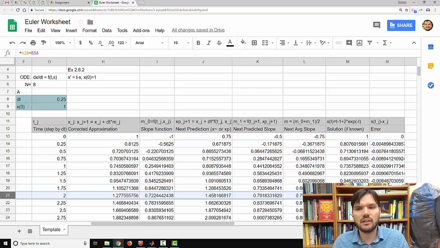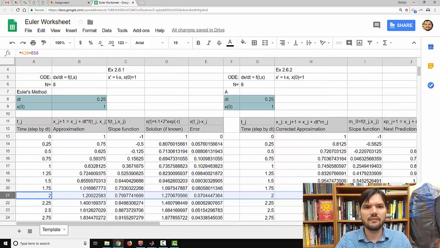It's actually pretty close to dividing by 4. 30 divided by 4 would be 7.5, so it's a little bit less than dividing by 4. So you can see that cutting the time step in half for this second order method cut the error by about 4, maybe a little bit more than 4.